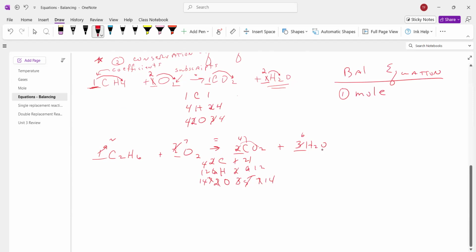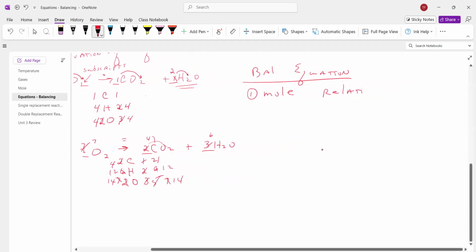It's a mole relationship and a molecular relationship, and this is via coefficients.